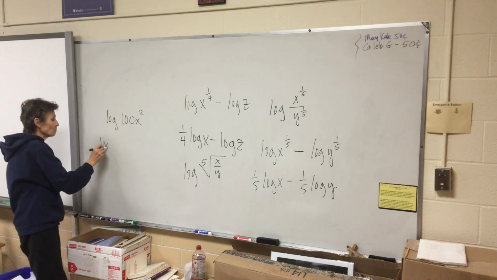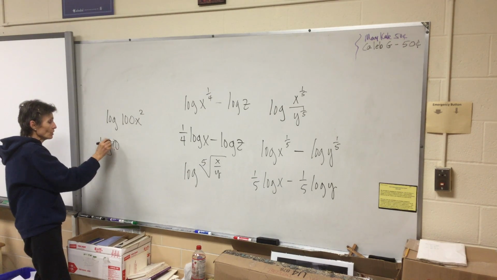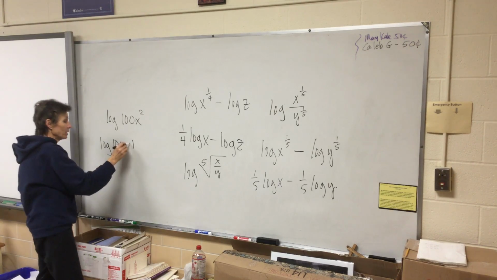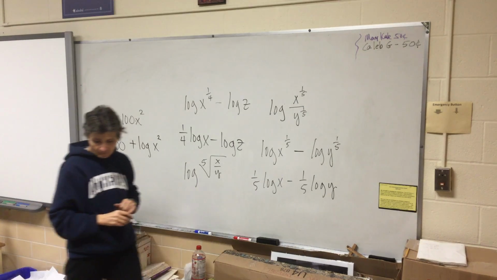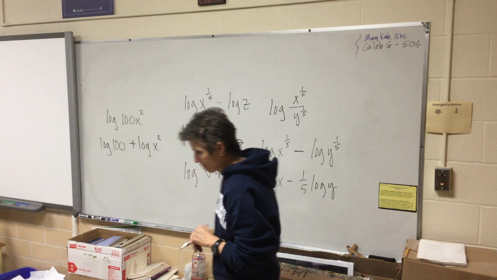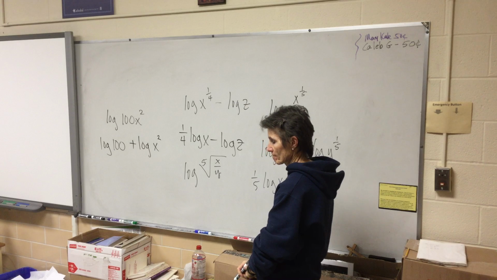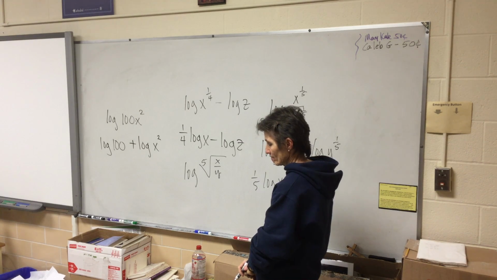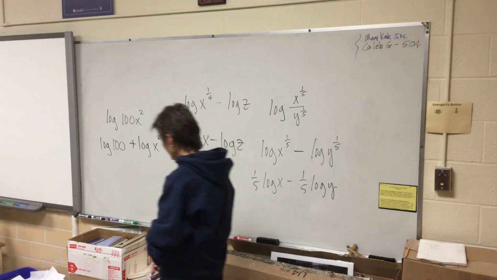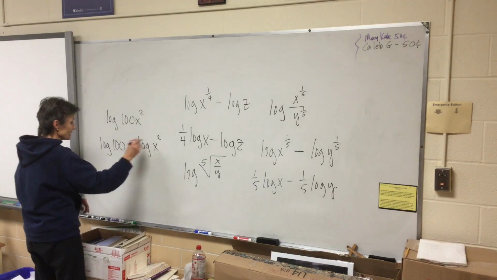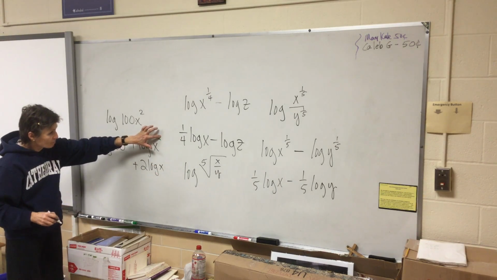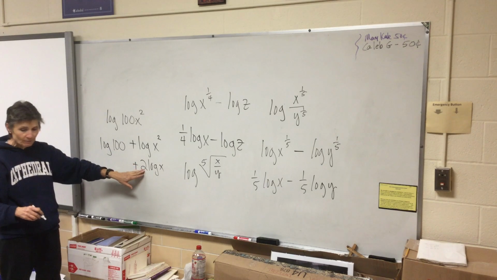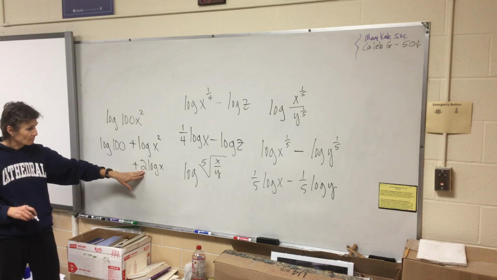So when you split it up, you're going to have the log of 100 plus the log of x squared. This part's easy. This will be plus 2 log x. Does that make sense to everybody? I'm just pulling the exponent off and putting it out here in front of the log x.